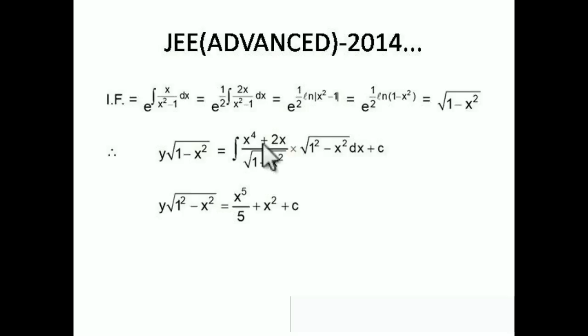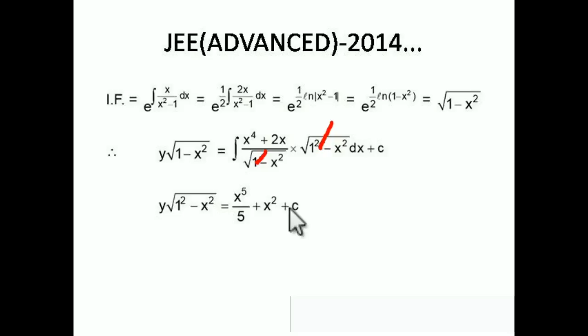So I write q of x times the integrating factor, the square root of 1 minus x square, dx plus c. Now this and this cancel out, so we are left with x raised to 4 plus 2x. Its integral is x raised to 5 by 5 plus 2 into x square by 2. The 2 cancels out, so x square plus c.